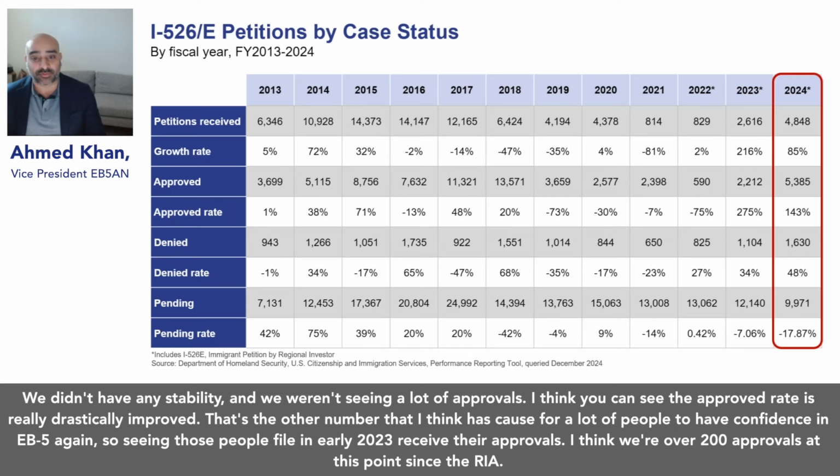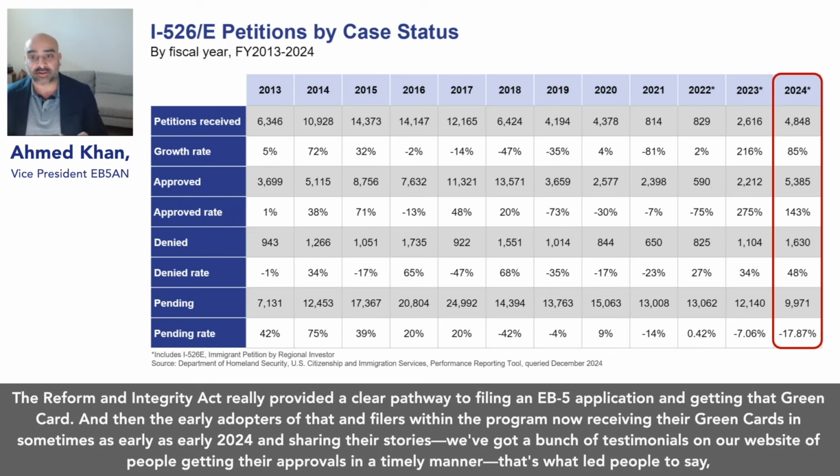I think you can see the approval rate has drastically improved, and that's the other number that has caused a lot of people to have confidence in EB-5 again. So seeing those people file in early 2023 and receive their approvals, I think we're over 200 approvals at this point since the RIA, the Reform and Integrity Act, really provided a clear pathway to filing an EB-5 application and getting that green card.